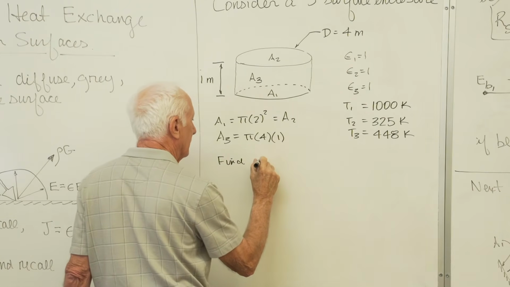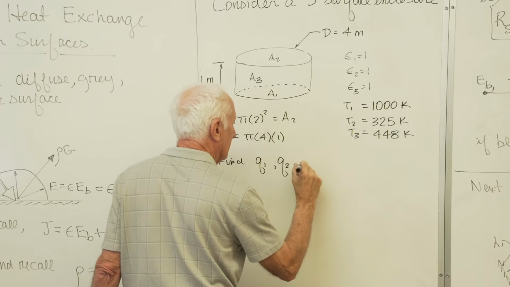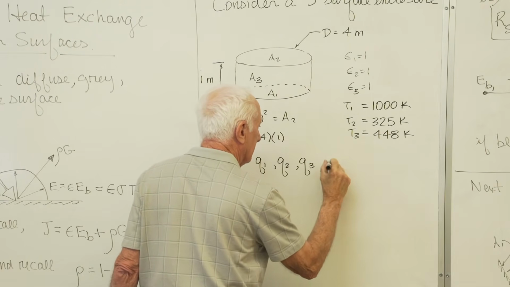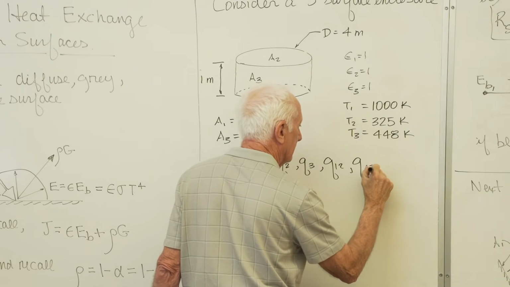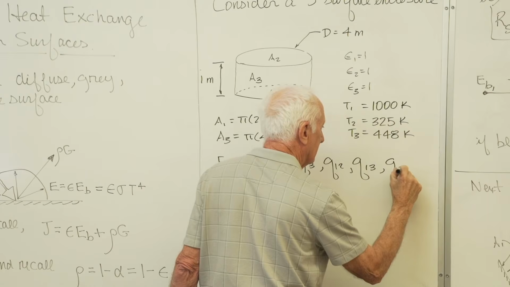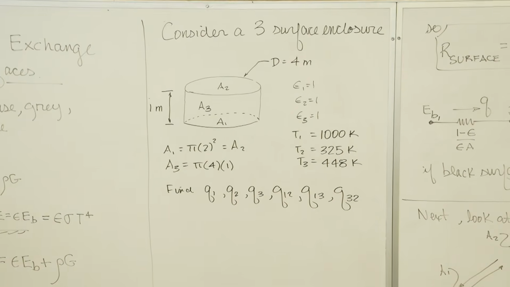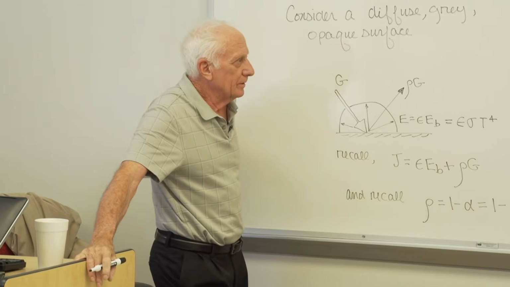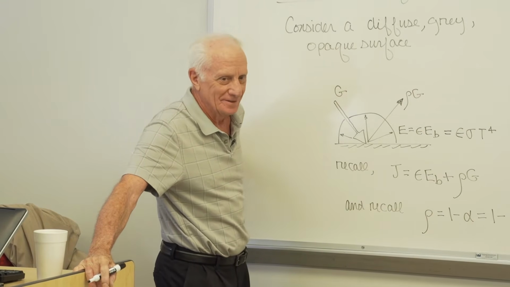Find all the possible Q's. How many are there? 6. Q1, Q2, Q3, Q12, Q13, Q32.